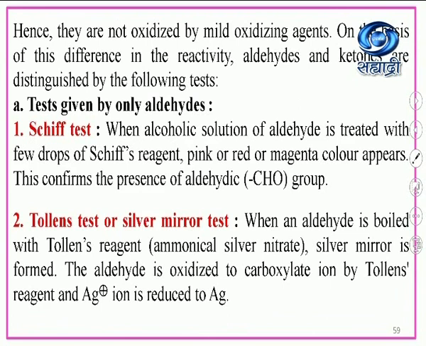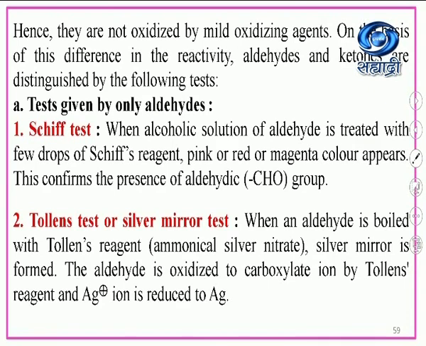Hence, they are not oxidized by mild oxidizing agents. On the basis of this difference in reactivity, aldehydes and ketones are distinguished by the following tests. The test given by only aldehydes is Schiff's test, or Schiff's reagent.